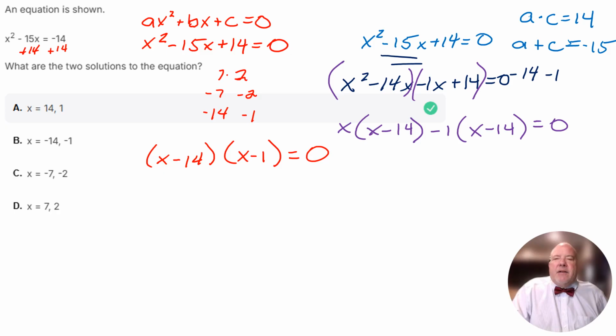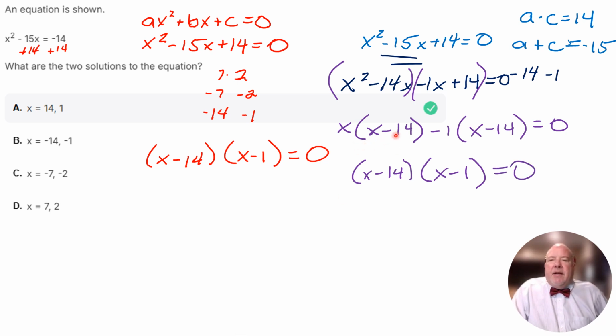I'm going to divide it out, and that would be times the x minus 1. And this is equal to 0. I divided out the x minus 14, which left me with this x and this minus 1, and I just put those there. So you can see we ended up with exactly what we ended up with on the other one.